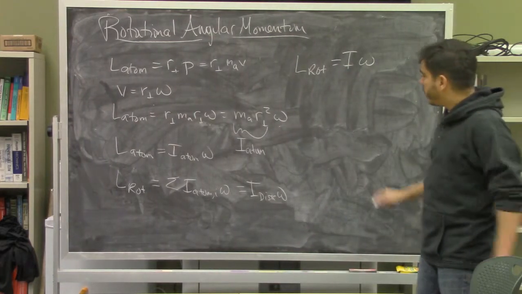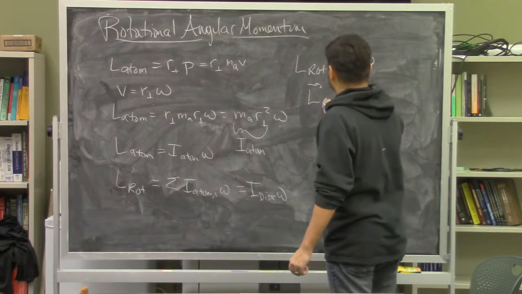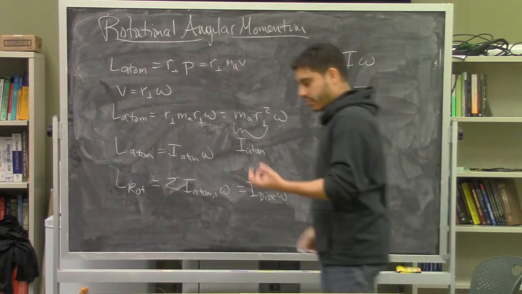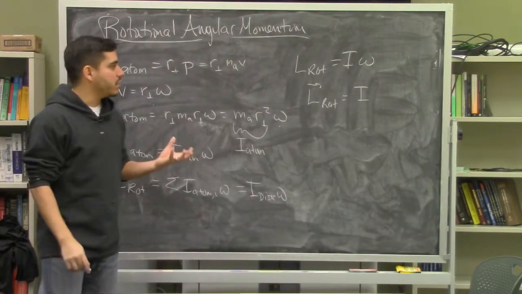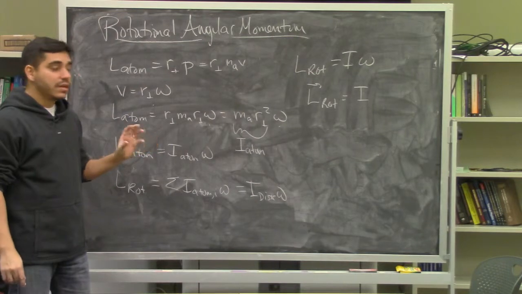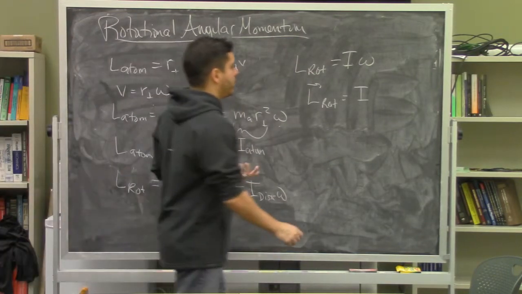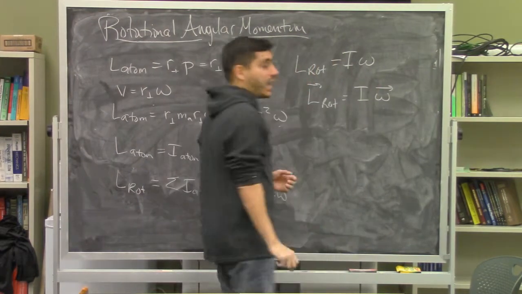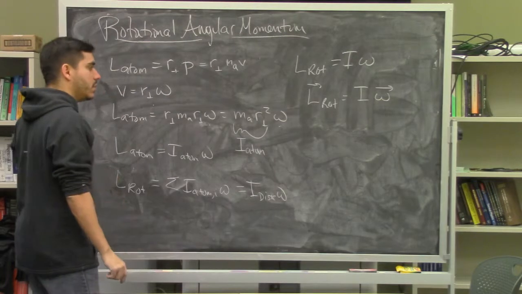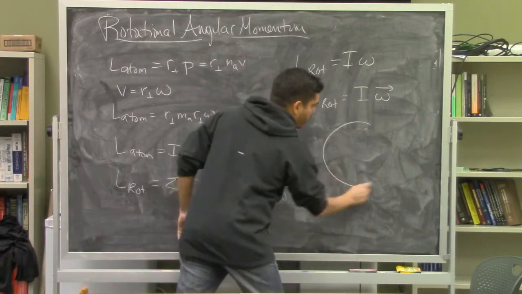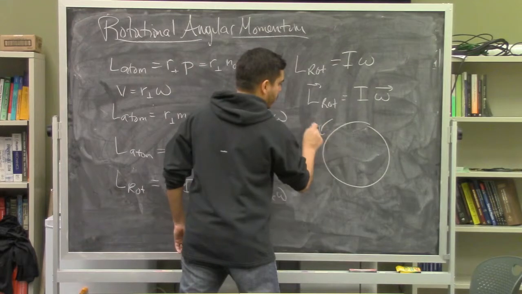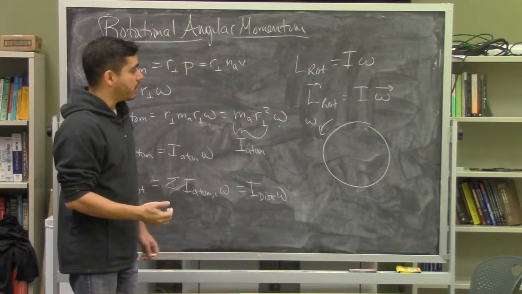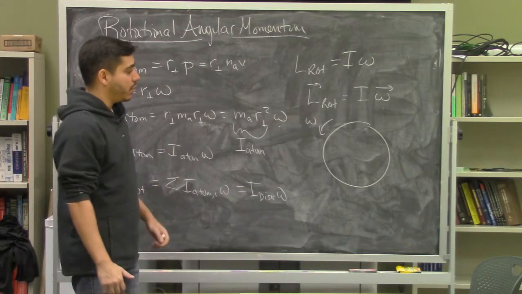Well, but we know that this angular momentum is a vector. The moment of inertia is a scalar quantity. It's the value that an object takes on. It's how easy it is to rotate an object. So it must be that this thing that we've been calling the angular speed, or the angular velocity, sort of interchangeably, is actually a velocity vector. And so when you have an object that rotates around like this, it must be that the angular momentum vector and the angular velocity vector point in the same direction.